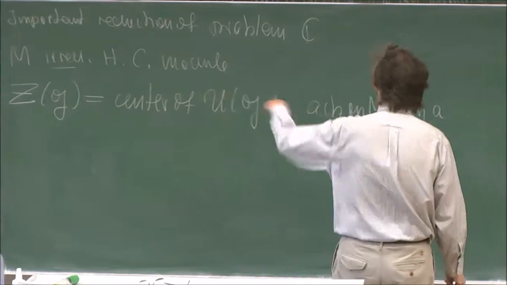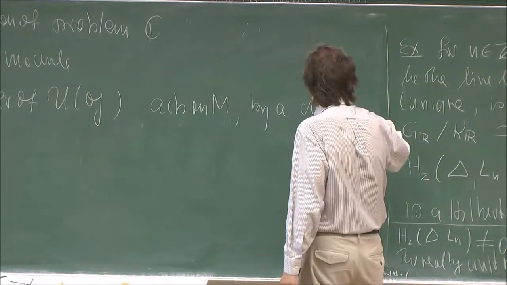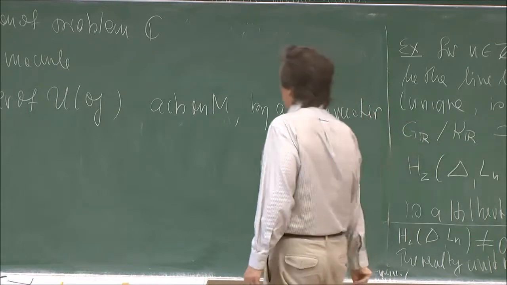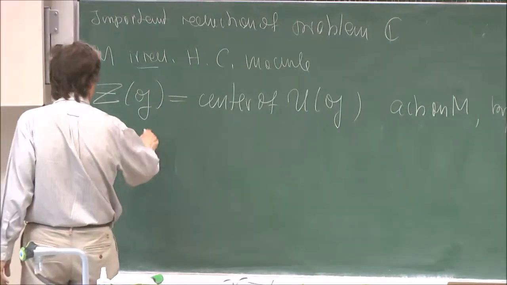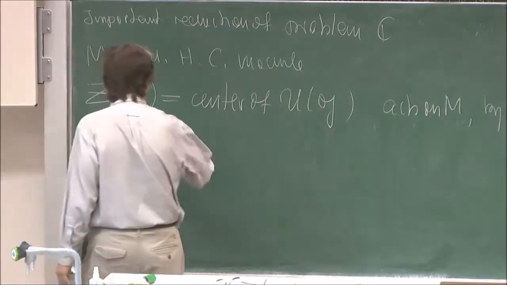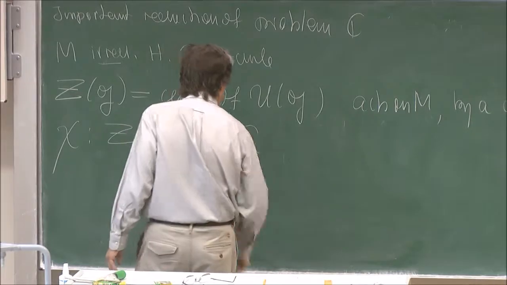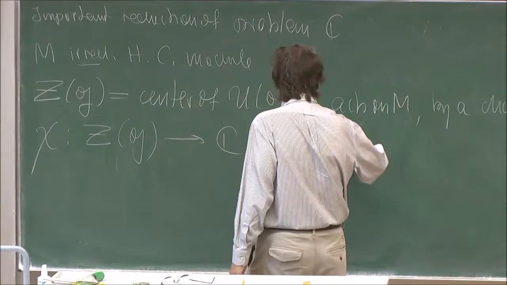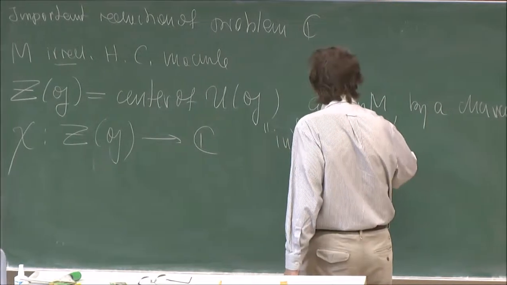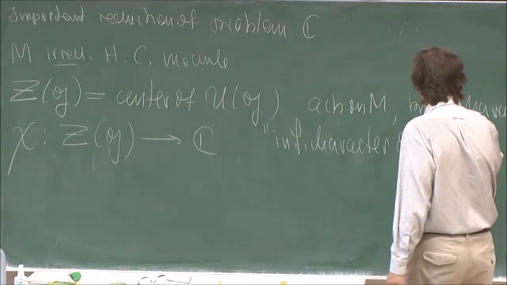So the center of the universal enveloping algebra acts by a character, meaning a homomorphism of algebras over C from Z of G into C. And that's called the infinitesimal character of M.